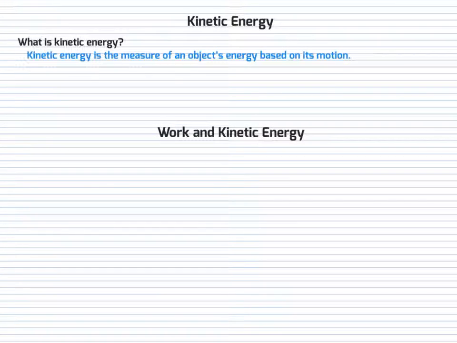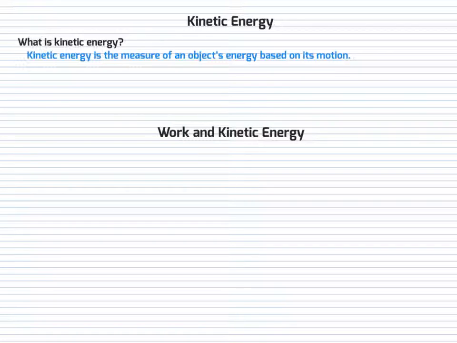All right, so moving on from work. The next component of this video lecture is kinetic energy. We're going to talk more deeply about kinetic energy towards the middle part of this unit, where we'll talk about a bunch of different types of energy. But for our purposes right now, we need to know what kinetic energy is. Kinetic energy is the measure of an object's energy based on its motion.